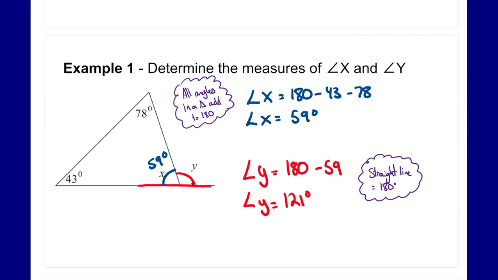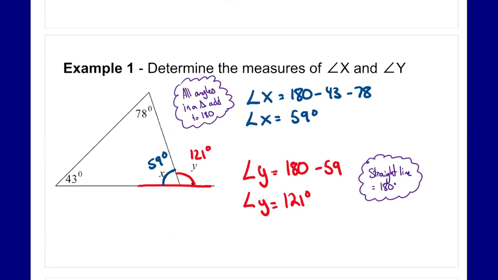Now, looking at this triangle, do we notice anything else? Do we notice any other properties? Well, we might notice that this angle here, 121, is equal to the sum of 43 and 78. Right, so this is another property that can exist in triangles. Let me clear this up a bit.